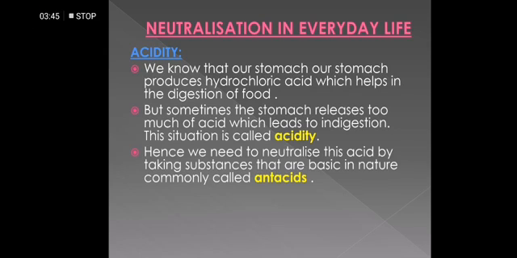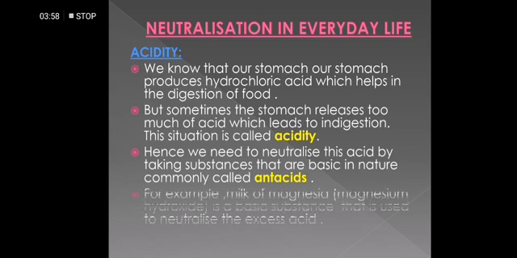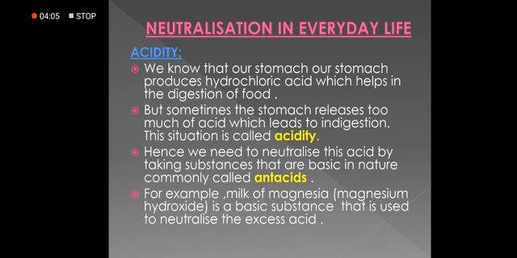So, what do we need for the neutralization of excess acid? A base. And these substances which help us to neutralize the excess acid produced in the stomach are called antacids. The most commonly used antacid is milk of magnesia, and the other name of this is magnesium hydroxide. This is basic in nature and neutralizes the excess acid of the stomach.